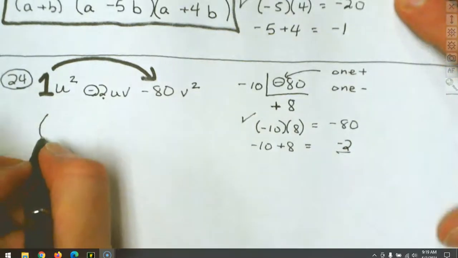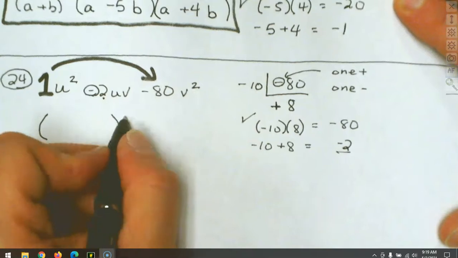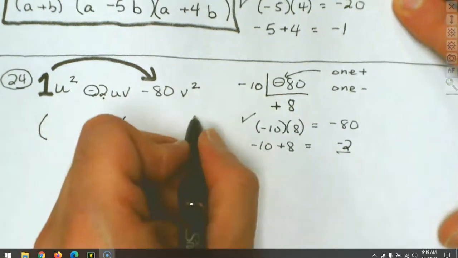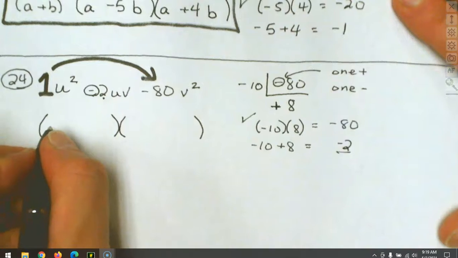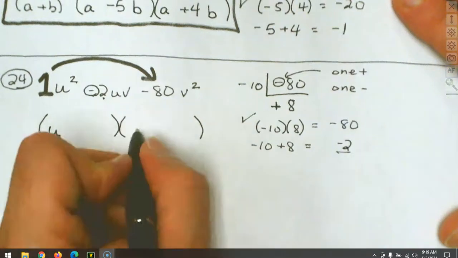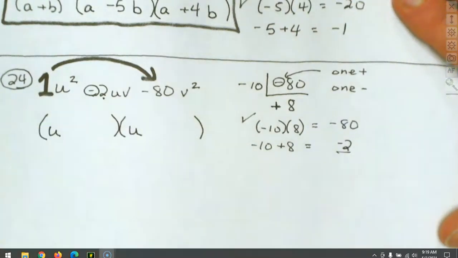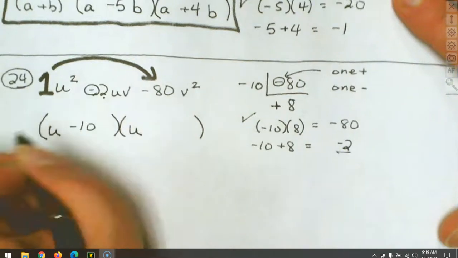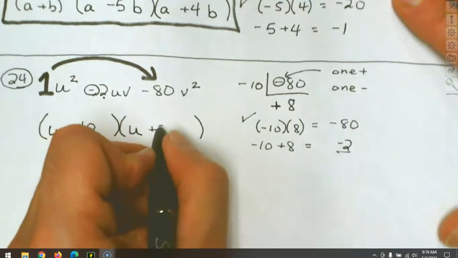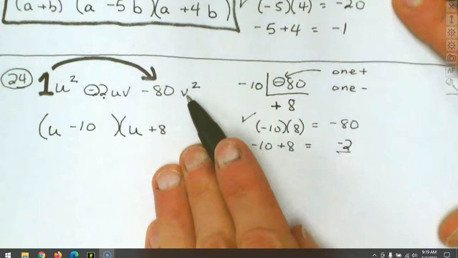We use that 1 so we don't have to do grouping. Our beginning variable is a u squared, so we split that up into u and u. What are my two numbers? -10, +8. What's my ending variable?